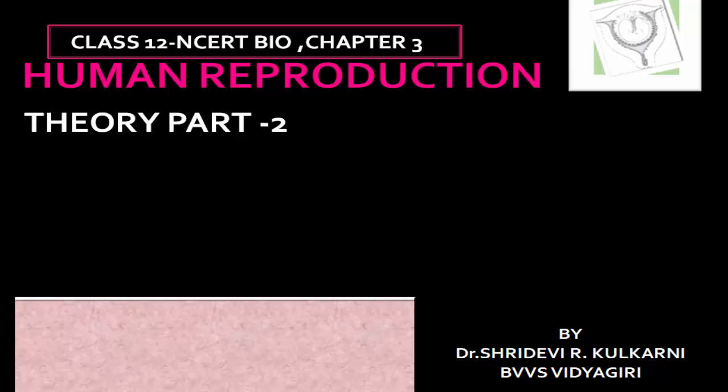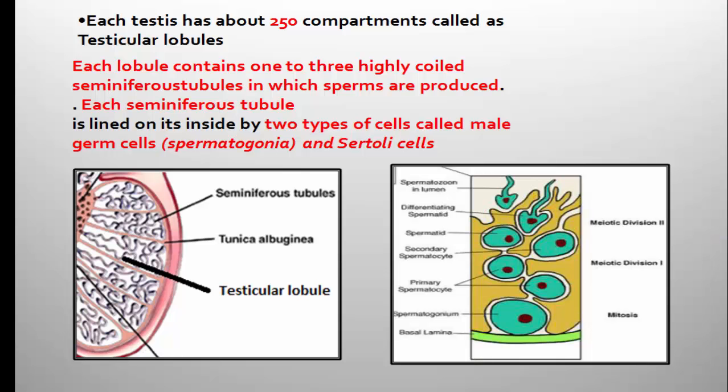Hello dear students, in this video I will continue the next part of human reproduction. In the previous video I explained about the male reproductive system, where it is located in the human body and what are the parts of the male reproductive system.